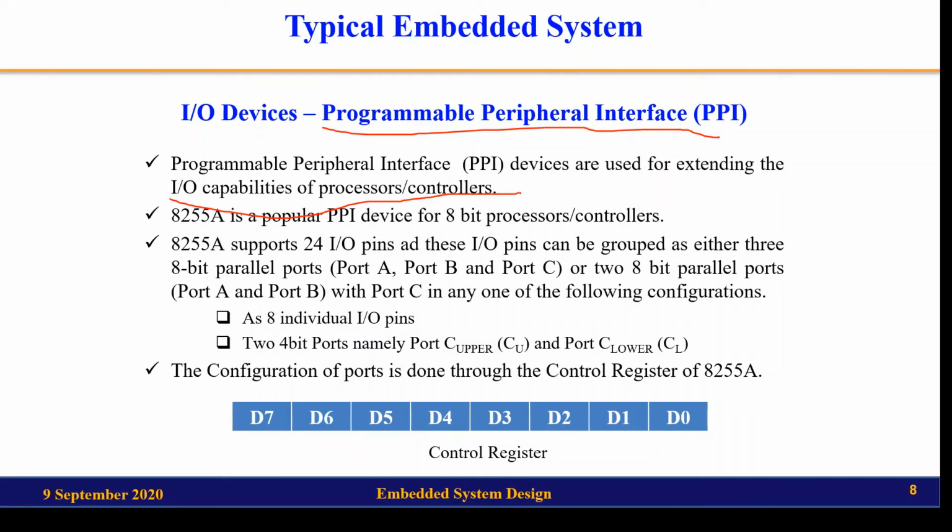In the other configuration, A and B are considered as two 8-bit parallel I/O ports, and port C can be considered as an individual 8-bit I/O port, or two 4-bit ports as port C upper and port C lower.